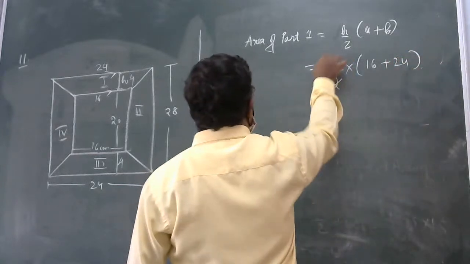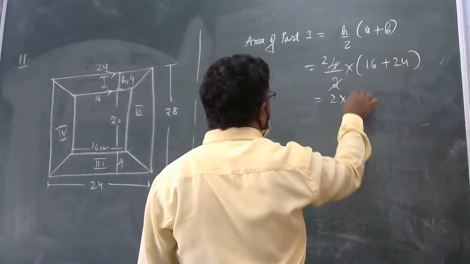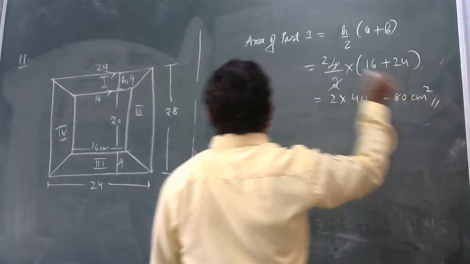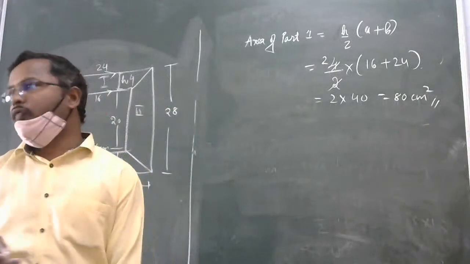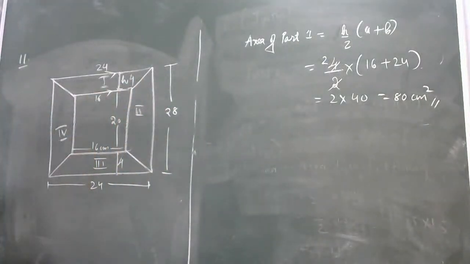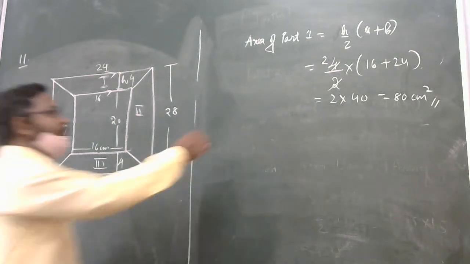So you will get 4 by 2 into 40, which is equal to 80 centimeter square. The area of part 1 is 80 centimeter square, and part 1 and part 3 have the same shape. So part 1 and part 3 will each have an area of 80 centimeter square.